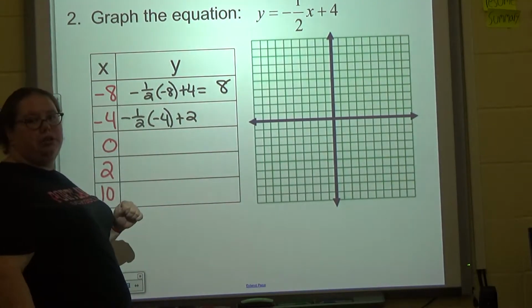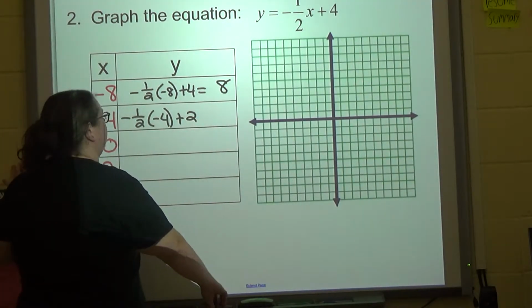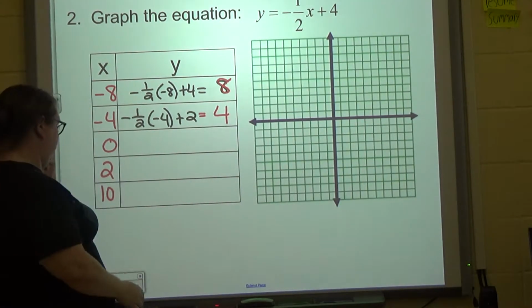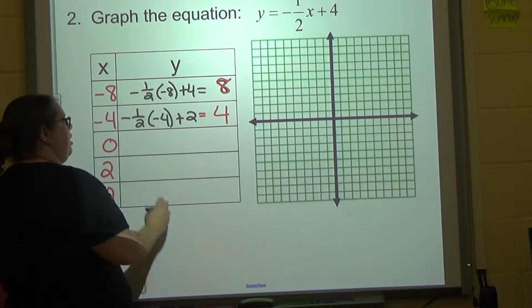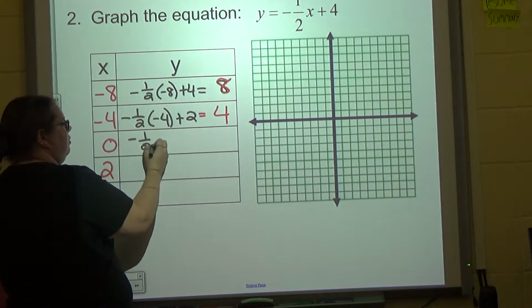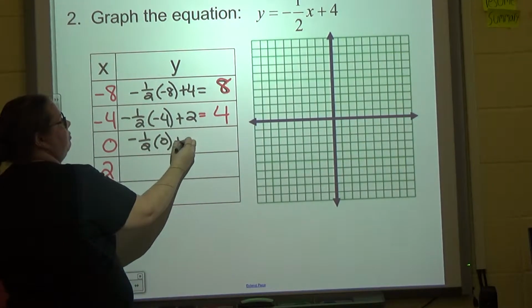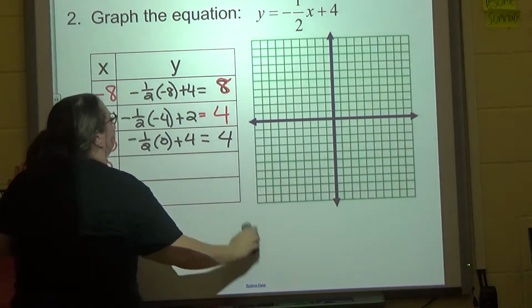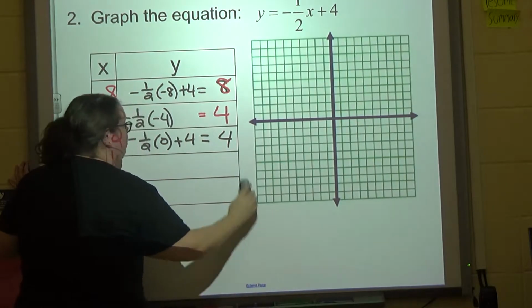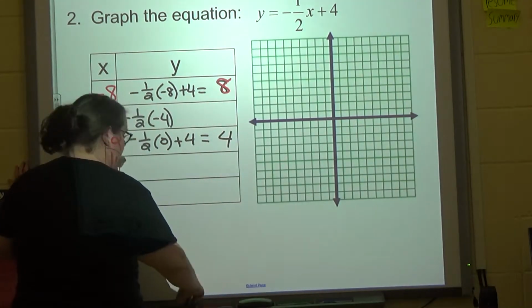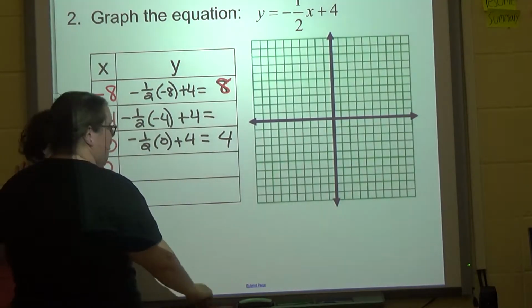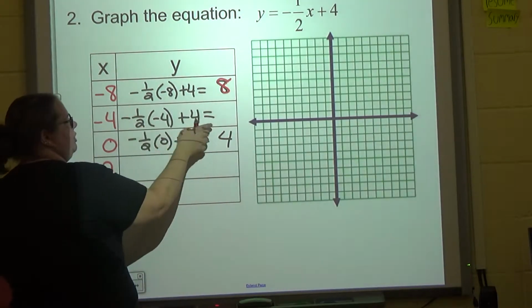Half of 4 is 2. 2 plus 4 is 6. Negative 1/2 times 0 is just 0. Plus 4 is 4.